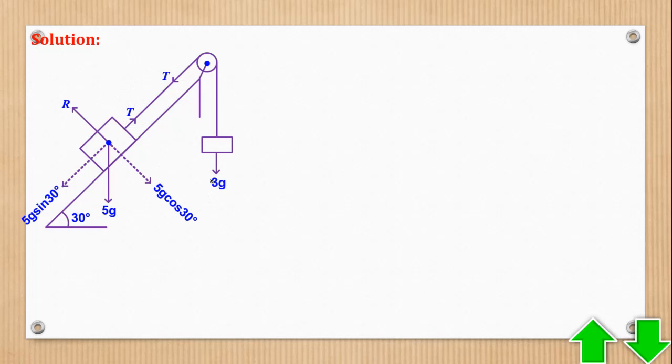Then here there is weight, which is 3g, and also tension. Arrows must point towards each other. Now realize that all of them have T because it is one string. So a continuous string has the same tension throughout.